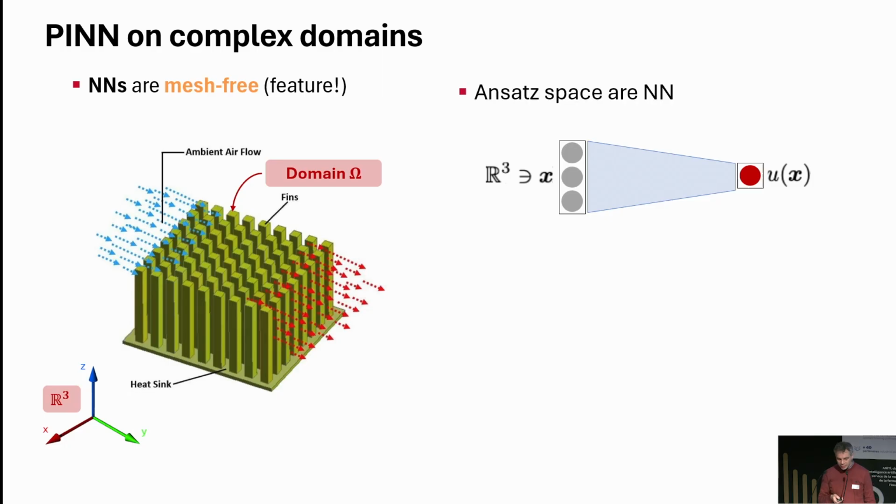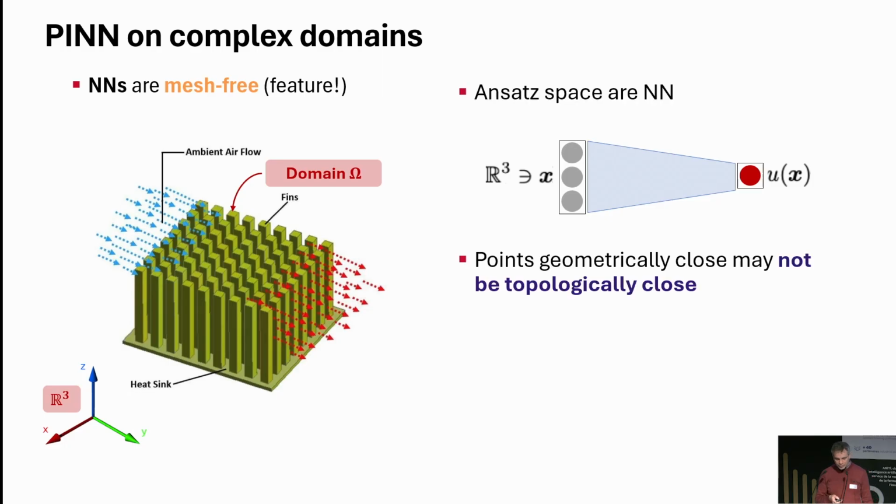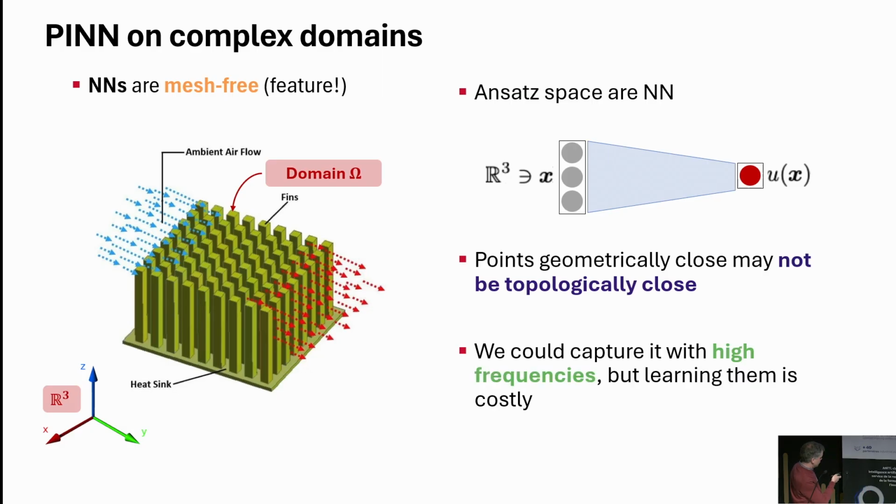So the problem here is that points that are geometrically close may be topologically not close. If you take two points on this pillar and this other pillar, of course, the distance is short, geometrically speaking, but the two pins don't talk to each other in some sense because they topologically are not very close.